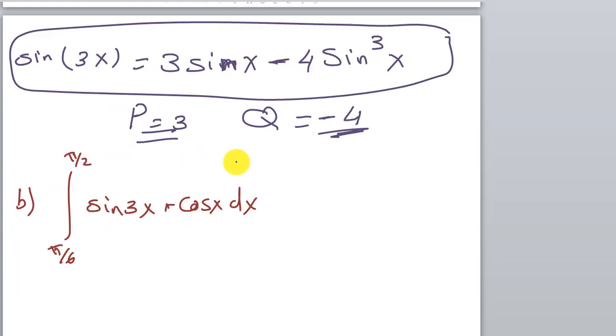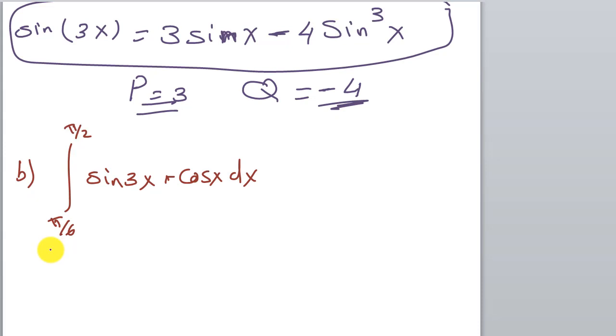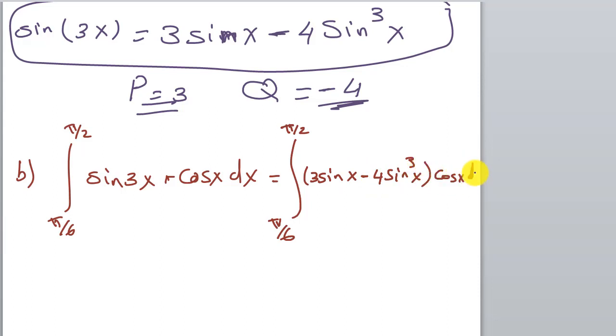This is part B. So we have sine 3x, so we can make the integration. It's equal to the integration from pi over 6 to pi over 2 of this part now, (3 sine x minus 4 sine power 3 x) cosine x dx.